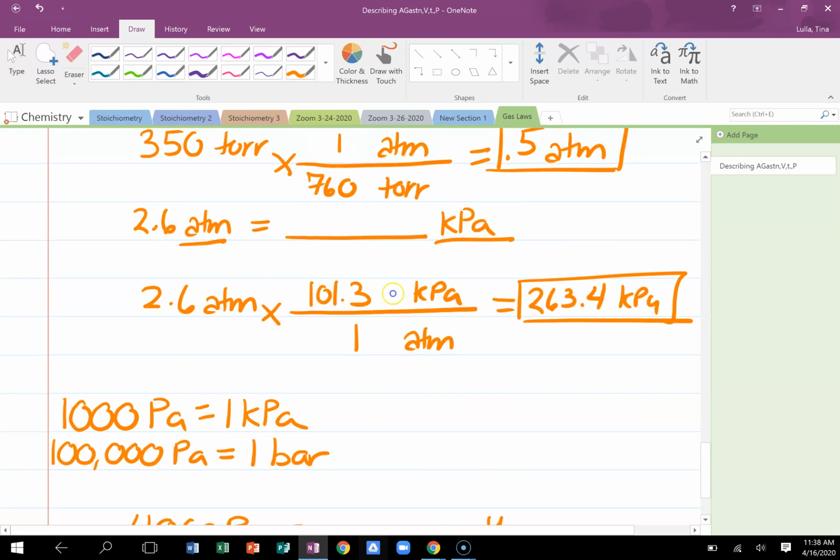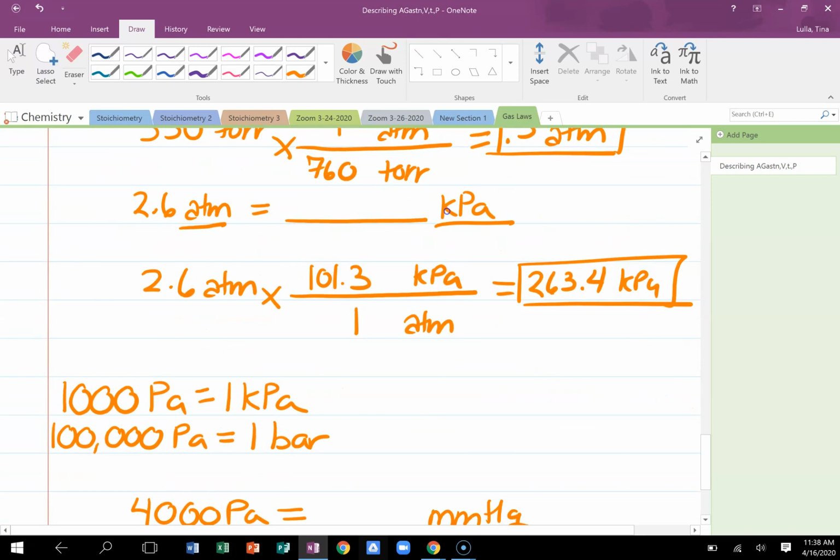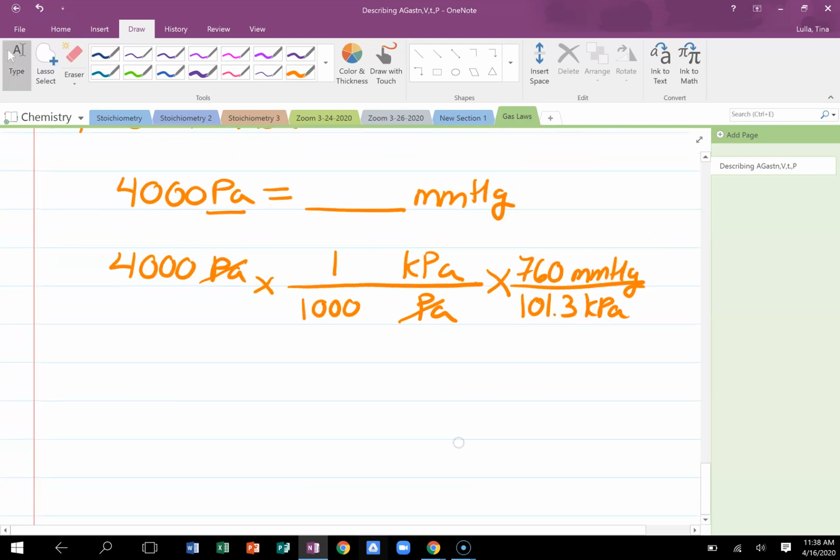I got that from up here, line of conversion, 101.3 kPa is 760 mmHg. So again, I took pascals to kilopascals since kilopascals is in my line of conversion.